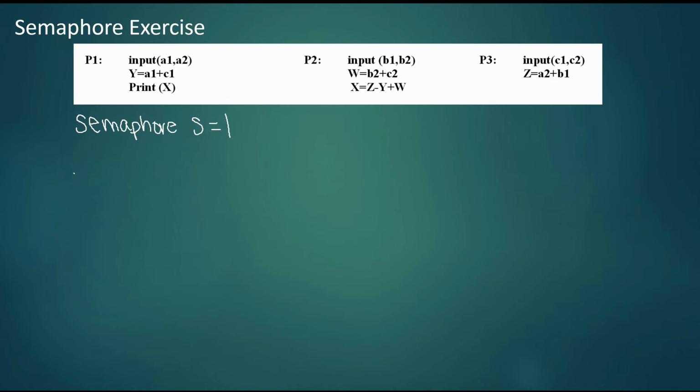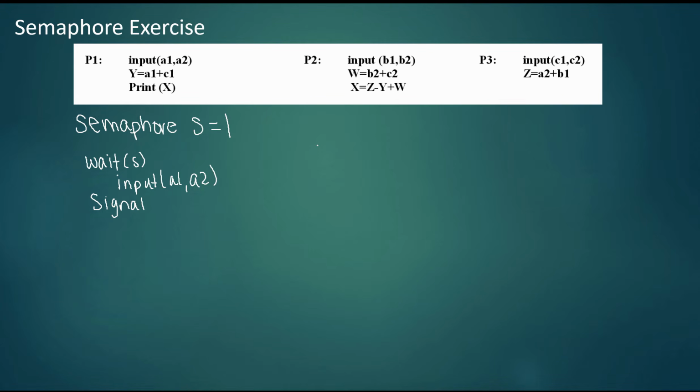So let's rewrite each of the processes' code with the wait and signal for the input device. For P1, we have a wait on S, and then an input of A1 and A2, and then a signal.